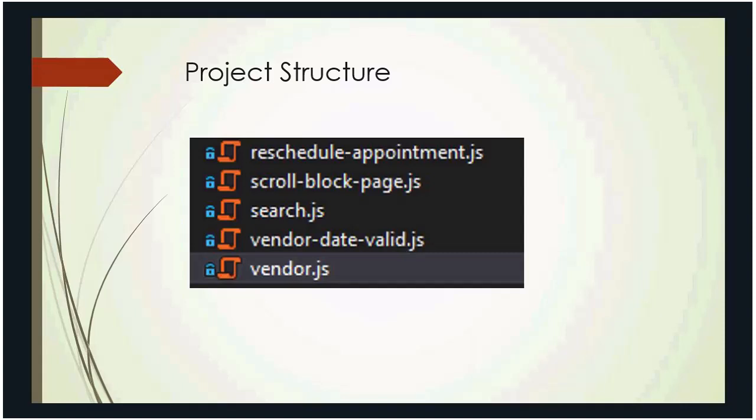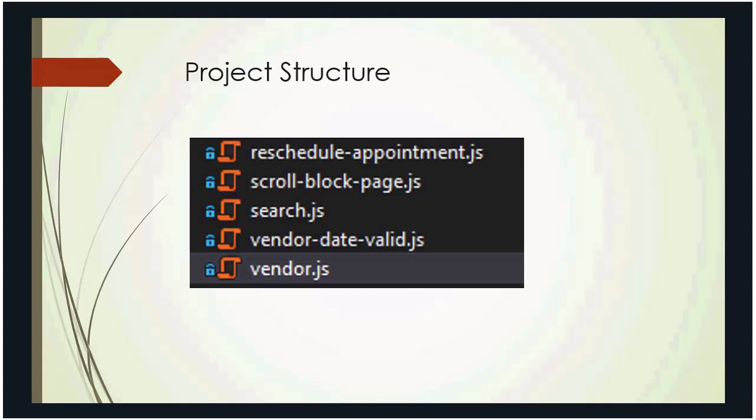Project structure. Here you can see a normal project structure in Visual Studio, which contains some JavaScript files, each one designed to fulfill a requirement for a specific situation. In this example, we can see vendor date valid, which is usually used in forms. With this file, the developer can perform validations on a form, but probably it will not be used in all the pages.